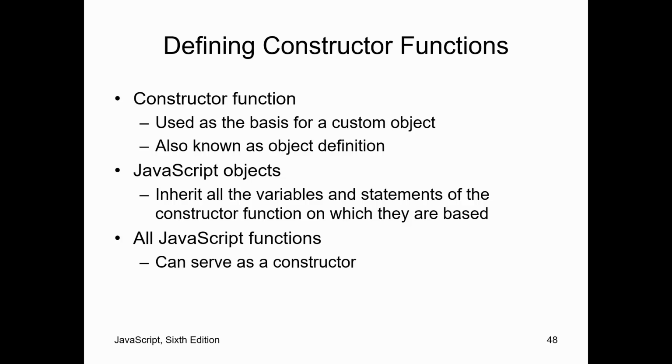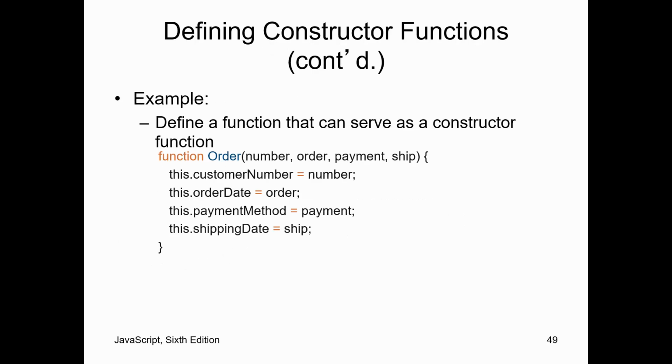But in object-oriented programming languages where you do create a class, you typically call a constructor. And that's the same kind of constructor that we have here. It says also known as object definition. It's typically where you do your initialization. JavaScript objects inherit all the variables and statements of the constructor function on which they're based. Okay, so here's an example.